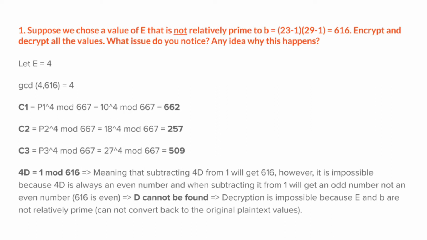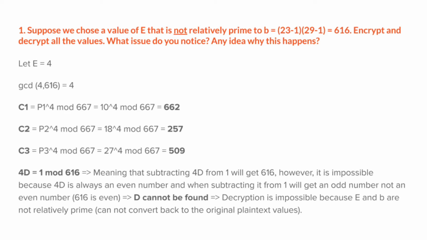When we try to decrypt, the first value we need is D, which we get from E times D is equal to 1 mod B. When we try to do that in this case, we actually get an undefined value. We cannot calculate D, which means decrypting is impossible.